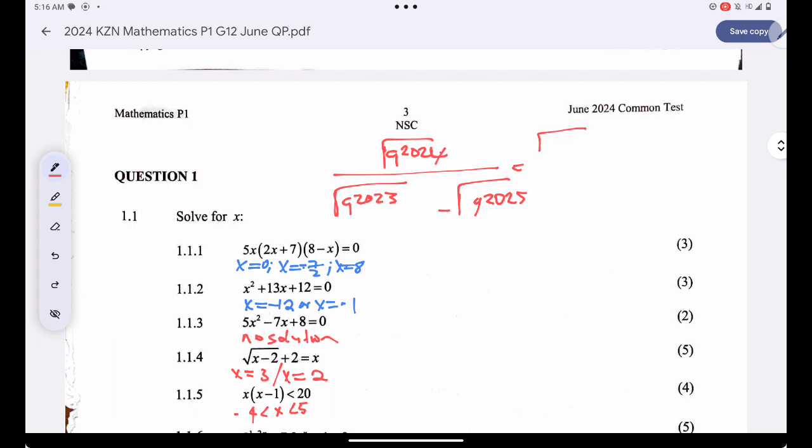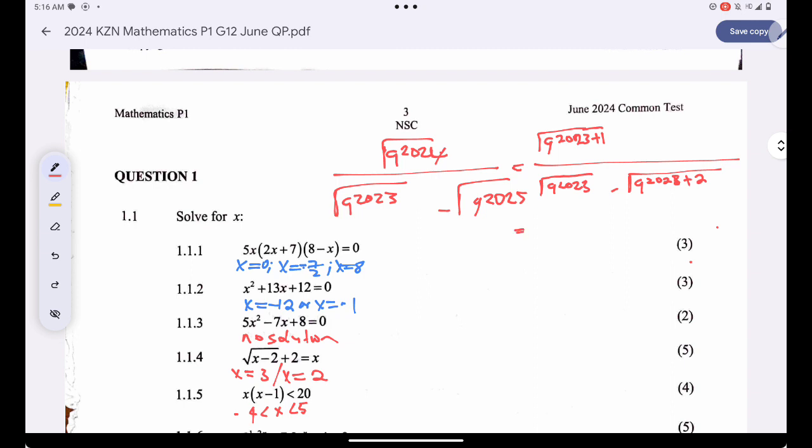So I'll have the square root of 9 to the power 2023 plus 1, and this is all divided by 9 to the power 2023. I don't change it, but I'll manipulate this one: 9 to the power 2023 plus 2. Are you together?